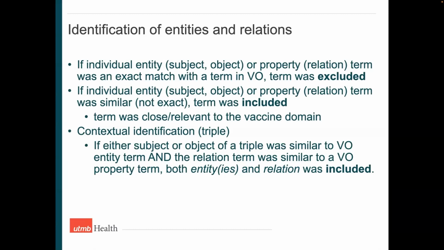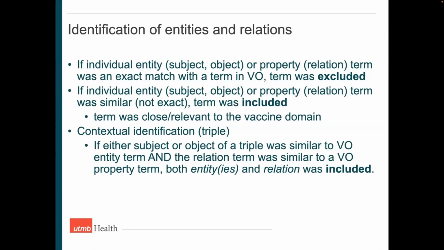However, if the metric result had a rating of 0.60 or above, we recorded it as a potential candidate for the vaccine ontology. In addition, we also identified a set of entities and relations that both had 0.60 or above.